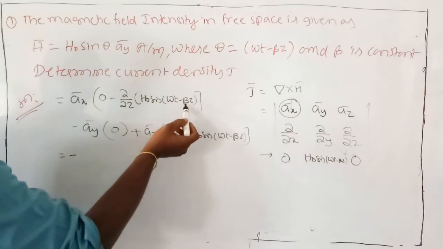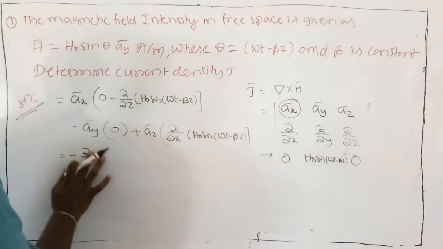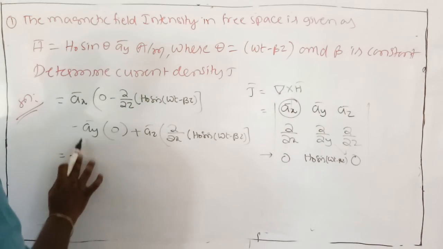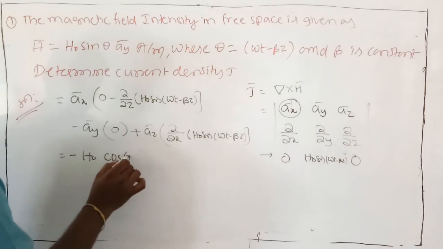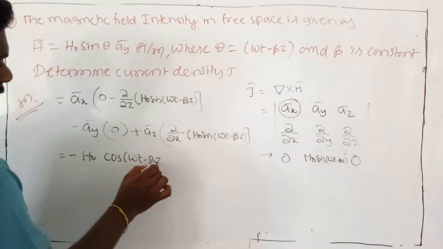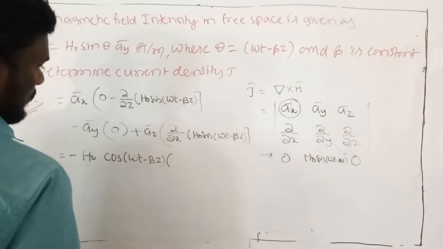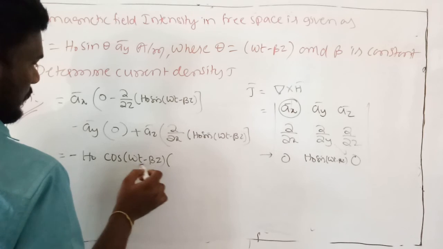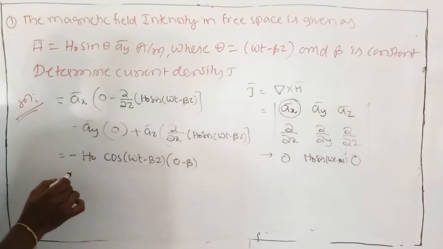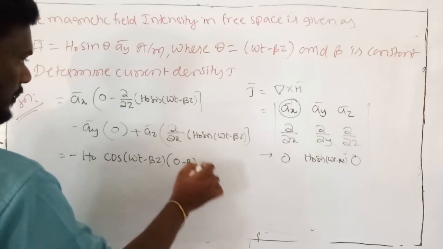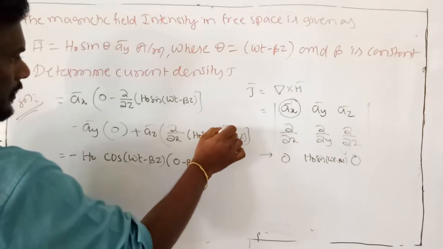Is there a z component here? Yes, it is z. So minus dou by dou z of H naught sin. H naught is a constant, the differentiation of sin is cos of omega t minus beta z, and again we need to differentiate with respect to z, giving minus beta. Similarly, there is a differentiation of H with respect to x, and as there is no x term here, it is 0.